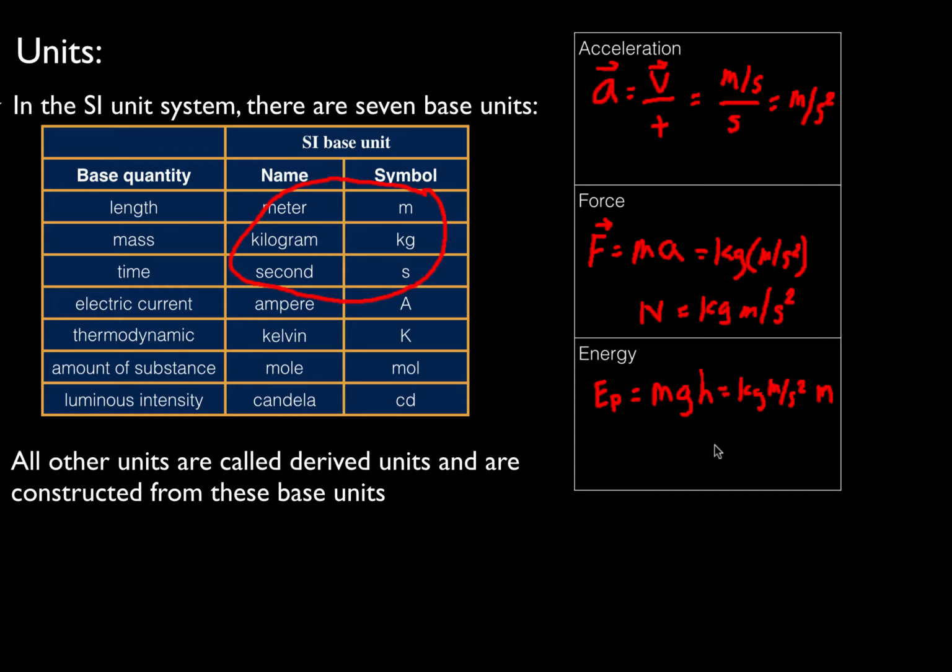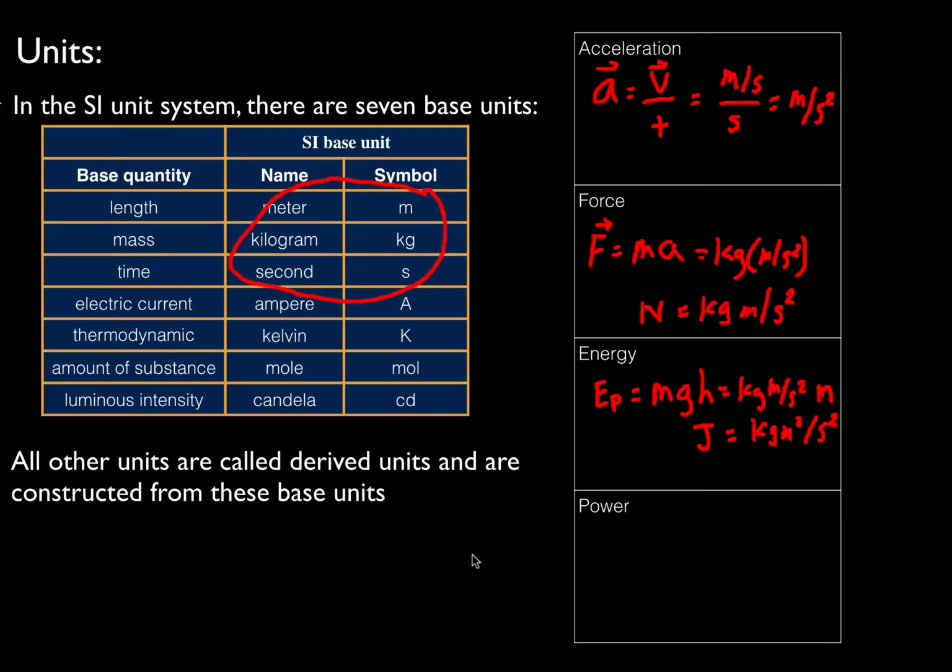A kilogram times a meter divided by second squared times another meter gives you a kilogram meter squared per second squared. Now that's a little bit too much to write every time you write out a measurement for energy. So they give that a single symbol called the joule. So 1 joule is a kilogram meter squared per second squared.